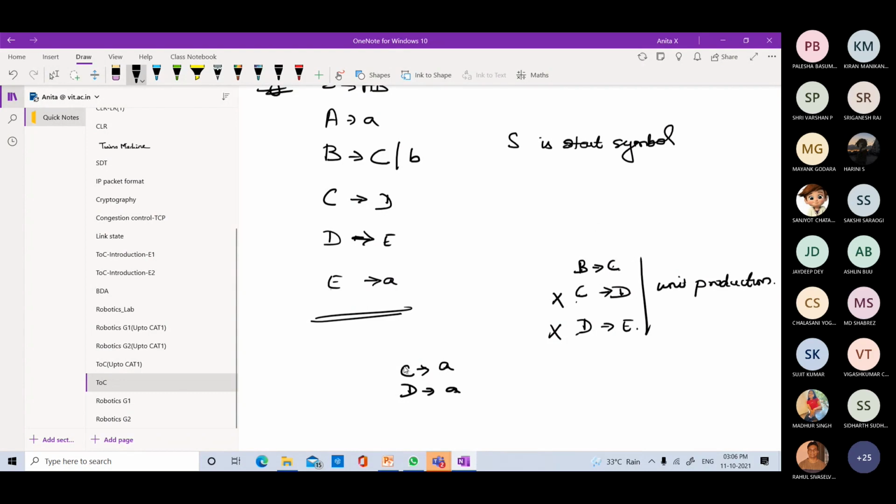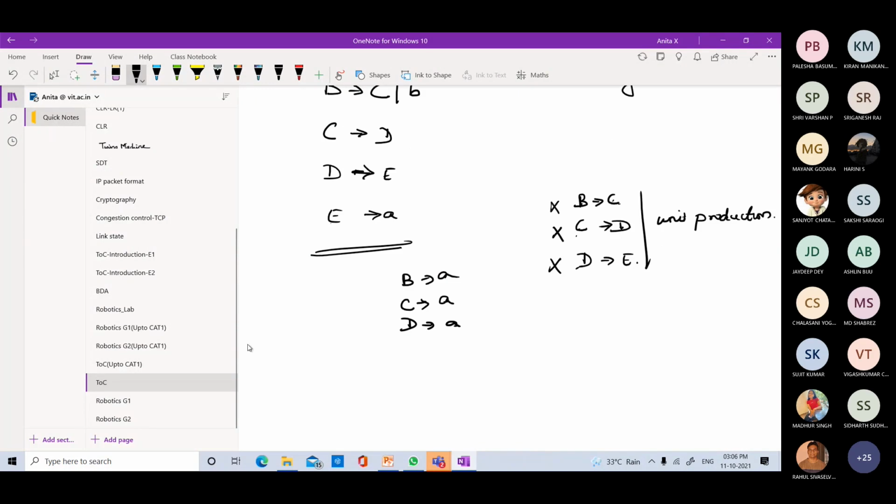Next step is B derives C. C is nothing but A, so B derives A. This is also removed. So at the end, what productions will we have?